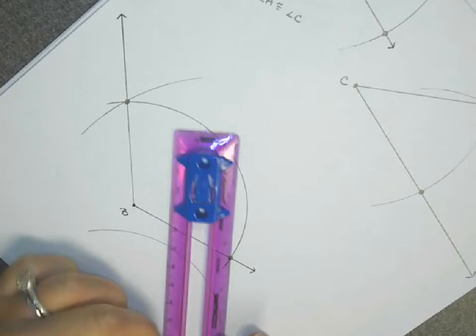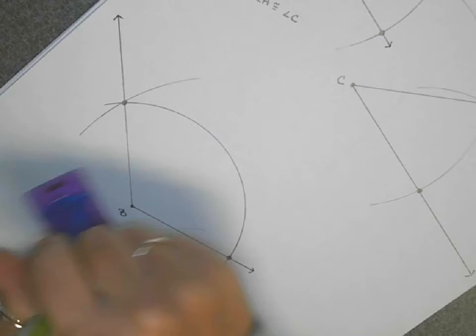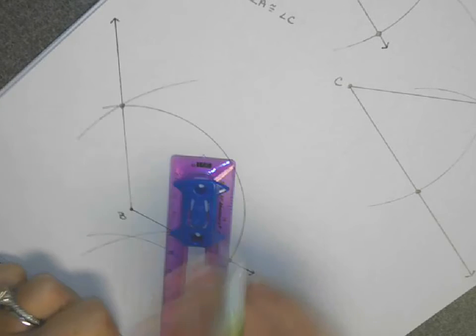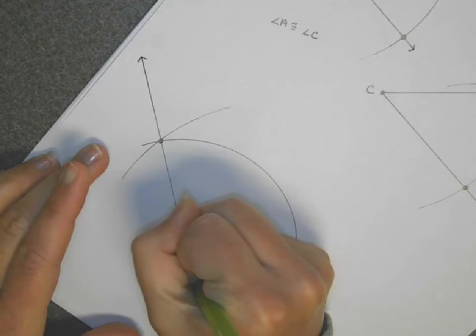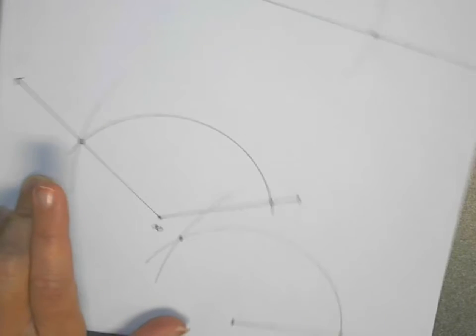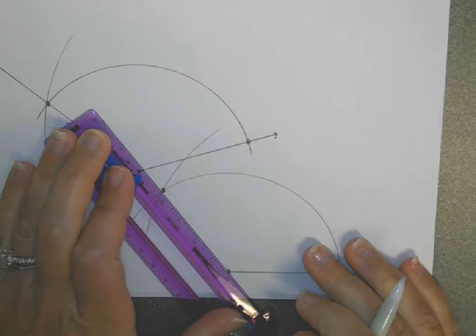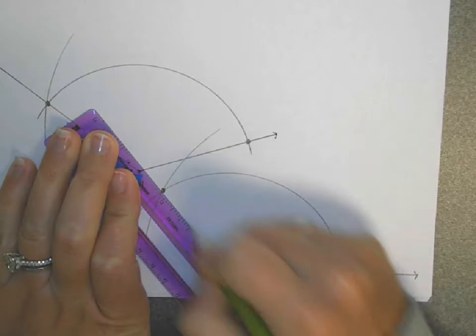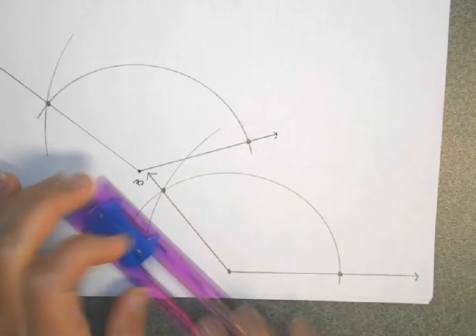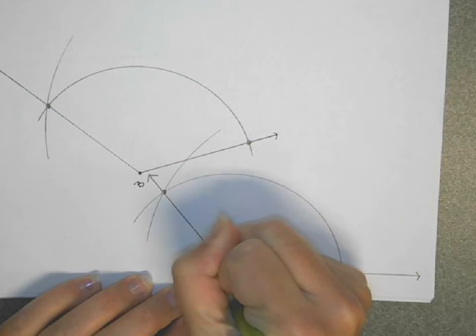I'm going to come back over here. I'm going to copy that same arc. And that intersection right there is where the other ray of my angle is going to be. So maybe this is angle D that I just made.